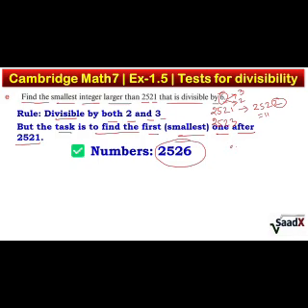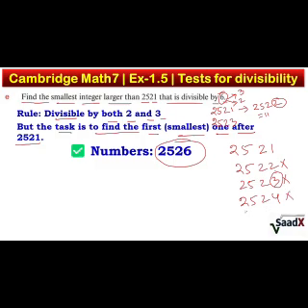We start from 2521. So 2522 is not possible, 2523 is not possible because it's an odd number, 2524 is not possible because the digit sum is not divisible by 3, and 2525 is not possible because it's an odd number. Finally we get a number that can be divisible by 6.